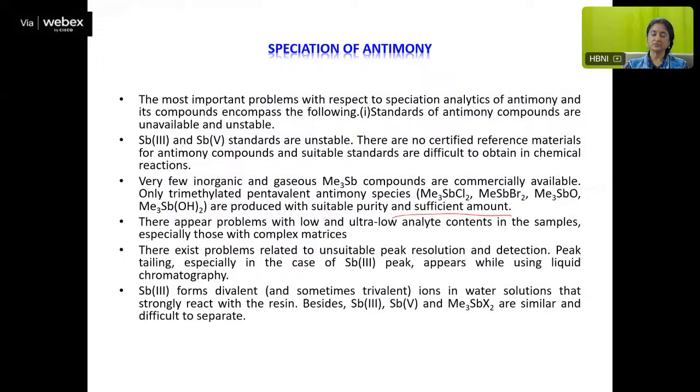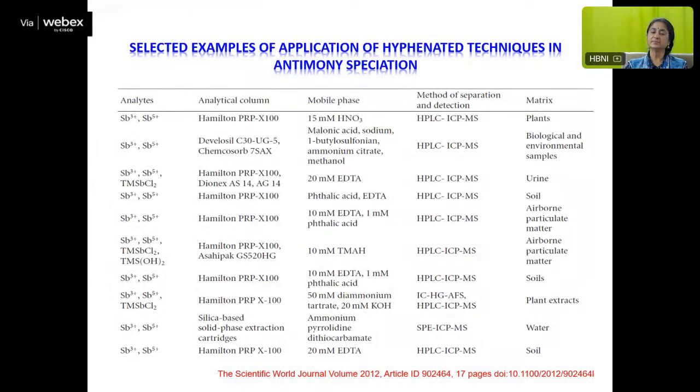If you are using a resin or solid phase extraction to remove antimony 3 and 5 from your groundwater, it can react with the resin and these components can come into your solution. How do you know whether your resin is getting degraded or this type of species is coming into your solution? All these things can be done by antimony speciation.